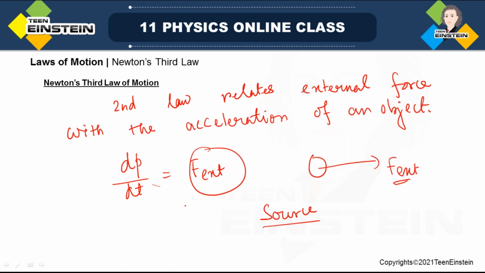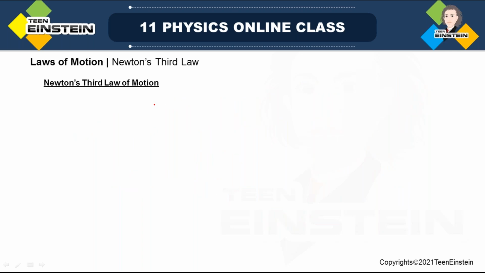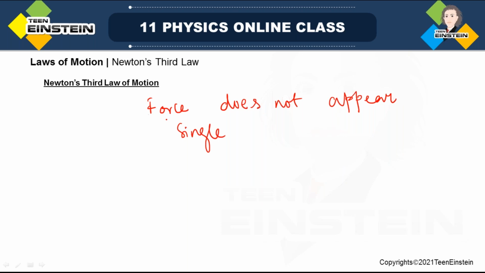And in the third law we'll see that force does not appear singly.